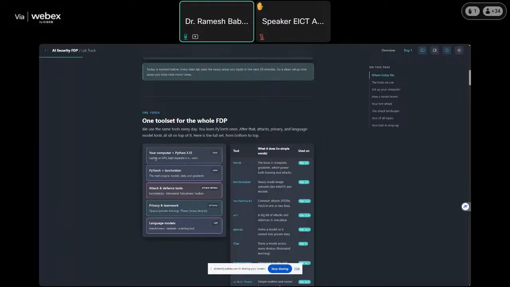For compute, you also need to work on LLMs and heavy models, so you should have at least some access to GPUs. If you don't have access to a GPU, you can go to Kaggle. They offer you around 30 hours of GPU limit, and you can also go for Colab. Those two platforms are pretty good for providing free GPUs. A basic amount of GPU is required for this FDP.